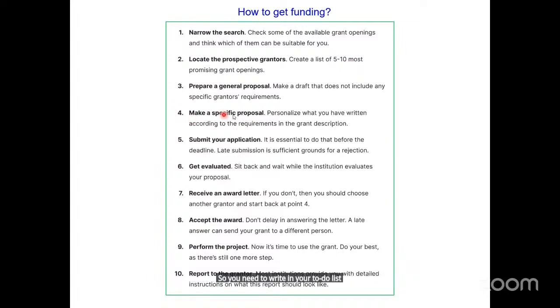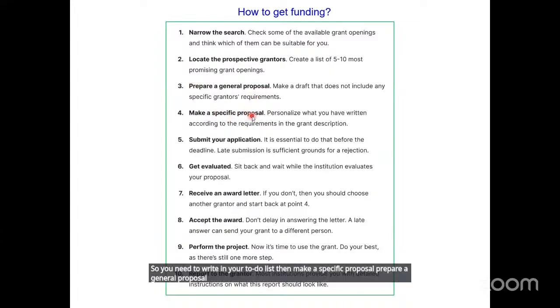Then make a specific proposal. Prepare a general proposal and then you can go for a specific proposal. Submit your application. After evaluation, if it is positive, then obviously you will get the grant. If it is negative, then you work on it.